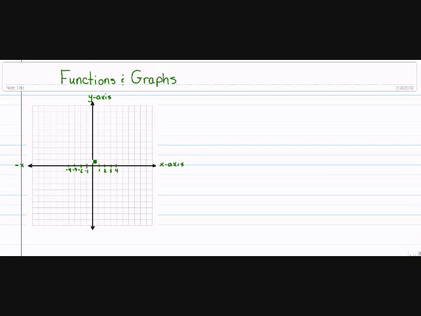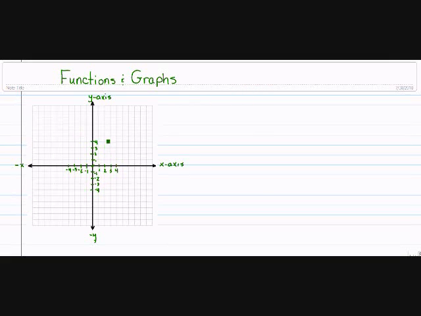For your y's, this is your 1, 2, 3, 4, and this is your negative y's. This is your origin right here, or your 0. Below your origin on your y line is your negative, -1, -2, -3, -4, and so on.